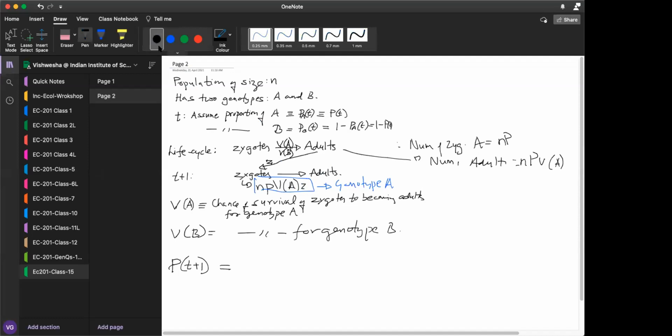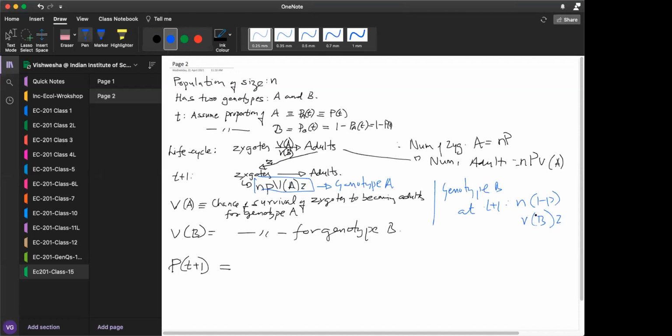And if we were to now write a similar expression for genotype B at t+1, it will be n, which remains the same, P becomes 1 minus P, and then VA becomes VB.